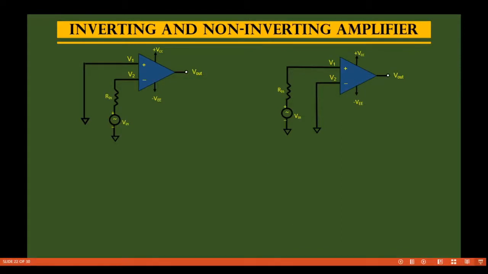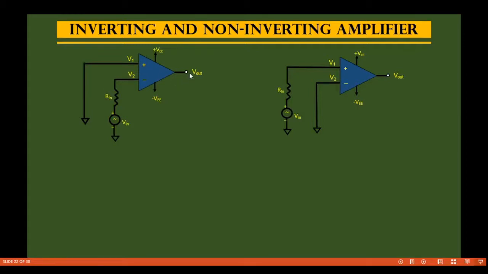In case of inverting and non-inverting configurations, how will you define an inverting configuration? Inverting means there is a 180-degree phase shift between input and output. So you are applying the input at the inverting terminal. Here in the inverting case, we are applying an input only at the inverting terminal, and we have grounded the non-inverting side, and I am measuring the output.